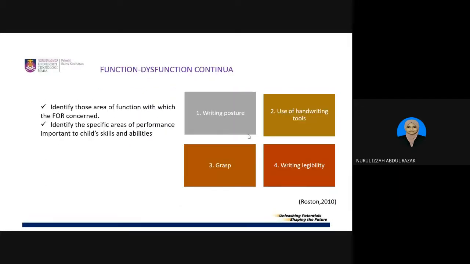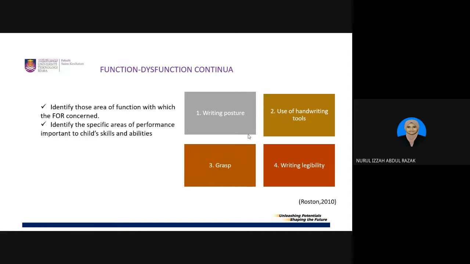Okay, let's look at the function-dysfunction continuum. The function and dysfunction continuum in a frame of reference is used to identify those areas of function with which the frame of reference is concerned. It is used to identify the specific areas of performance that are important to the child's skills and ability.